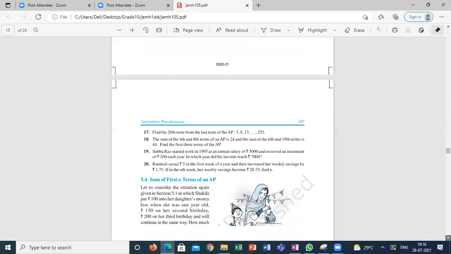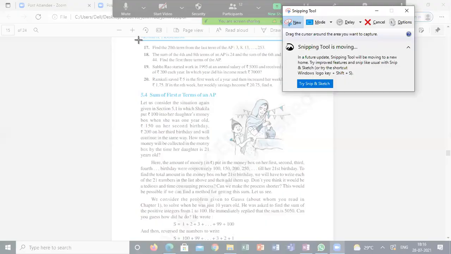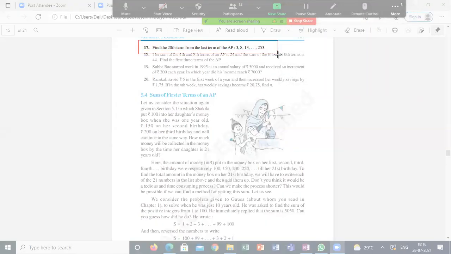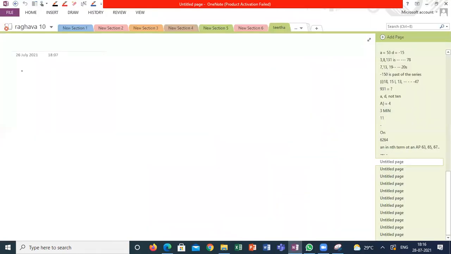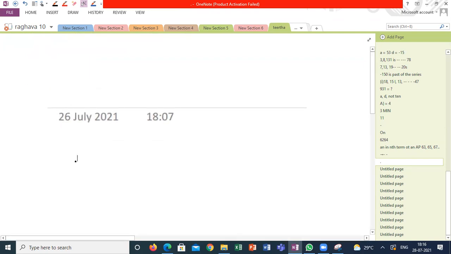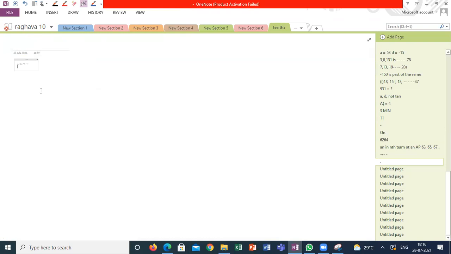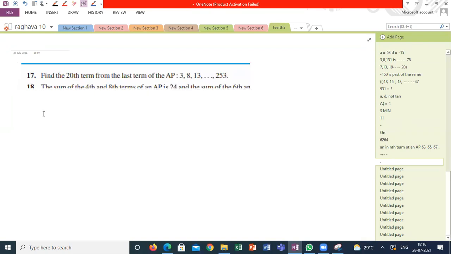The next one. Find the 20th term from the last.